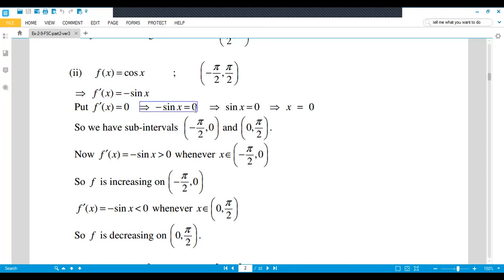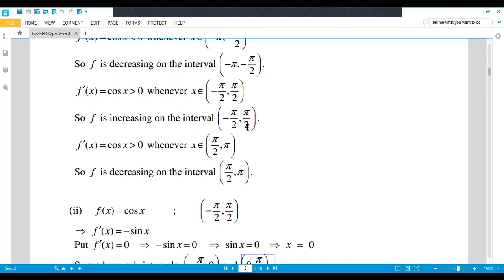So minus sine x equal to 0, which implies that sine x equal to 0. When we shift sine to the other side, what will you get? x is equal to sine inverse 0. Sine inverse 0 is 0. So the subintervals are minus pi by 2 to 0 and 0 to pi by 2.